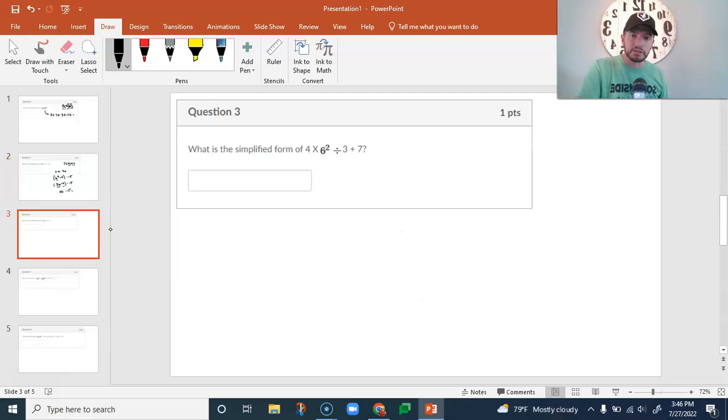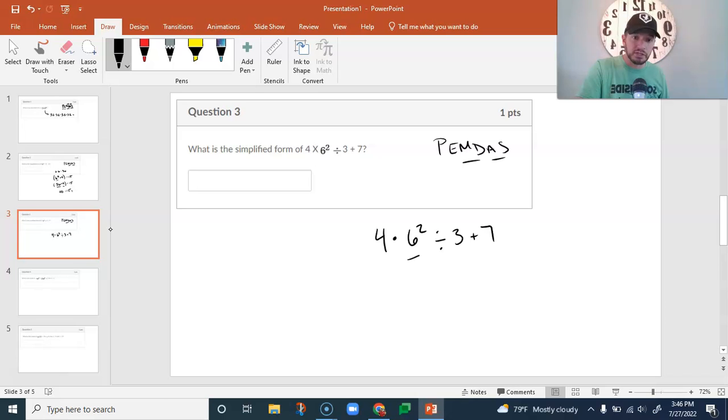All right, next up, we have 4 times 6 squared divided by 3 plus 7. Okay, so again, we're going to rewrite our PEMDAS up here. I don't see any parentheses, so the first thing I see is an exponent.